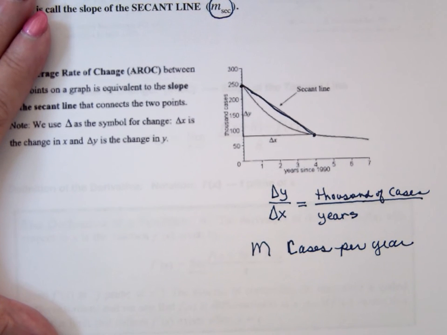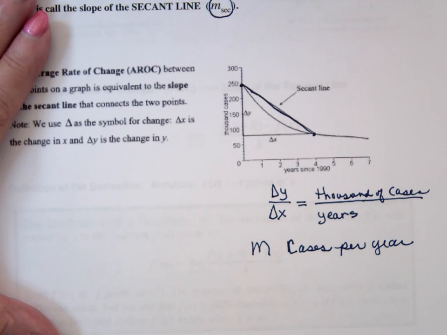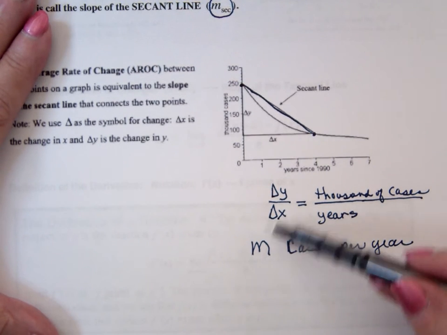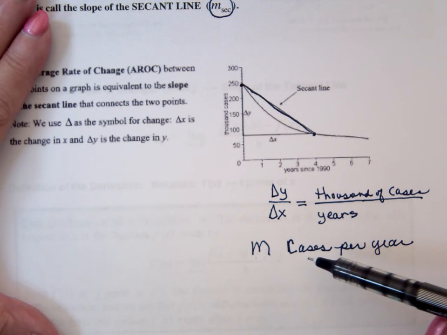So many cases per year. That's how something is changing. It's a rate, like miles per hour is a speed. So this would be whatever the slope is, cases per year.